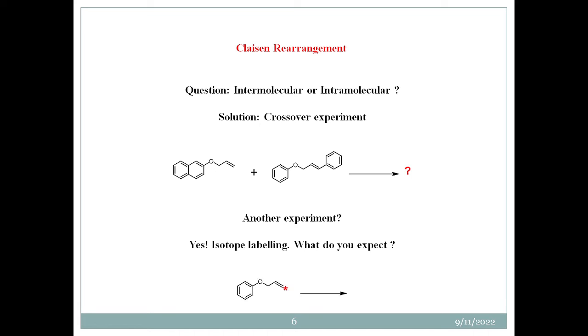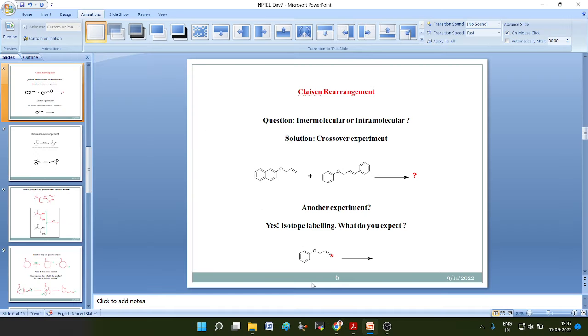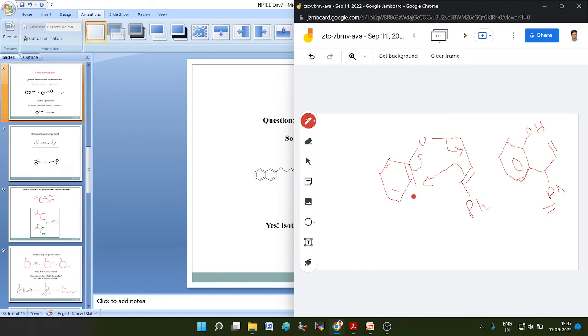This is shown here. In this experiment, you will see that the isotopically labeled carbon will attach to this ortho position of the benzene ring. So it will come here. I'm not showing the mechanism, I will just show the product. Okay, it's already shown.